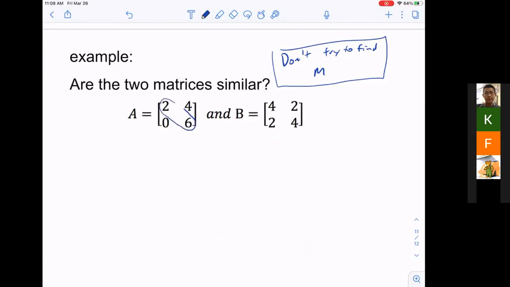For A, they're right there. Eigenvalues are 2 and 6. For B, you could use determinants and trace or whatever, but we could just find the eigenvalues.